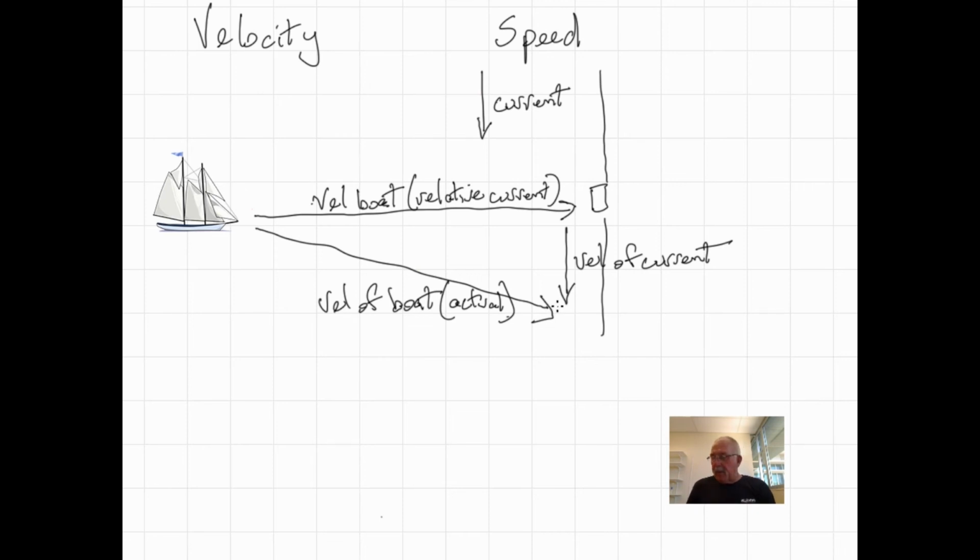So we could say then, well, okay, what's going to be the best scenario if this boat, so we'll move our boat down here and we'll set up another scenario.